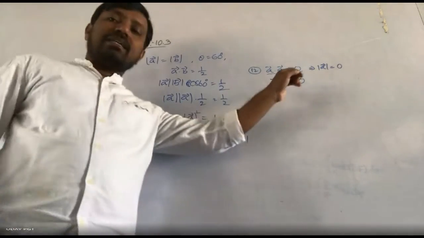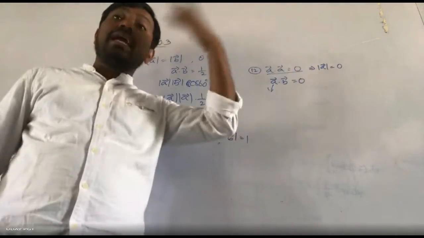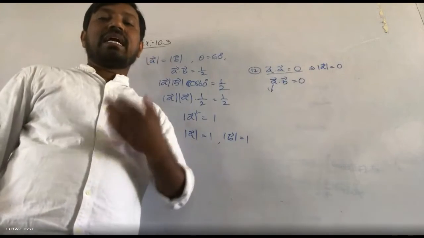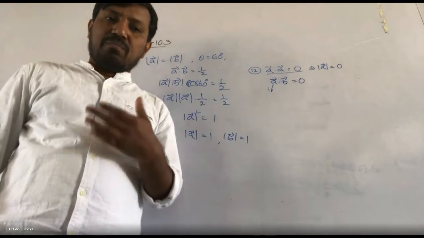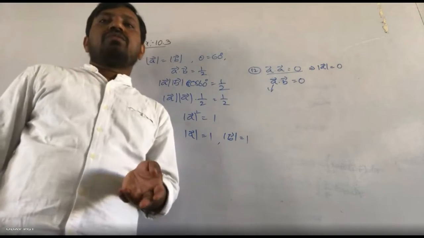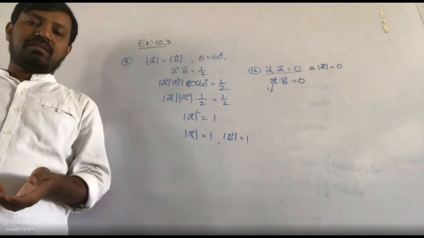When the A vector is the zero vector, the B vector can be any other vector. Okay?